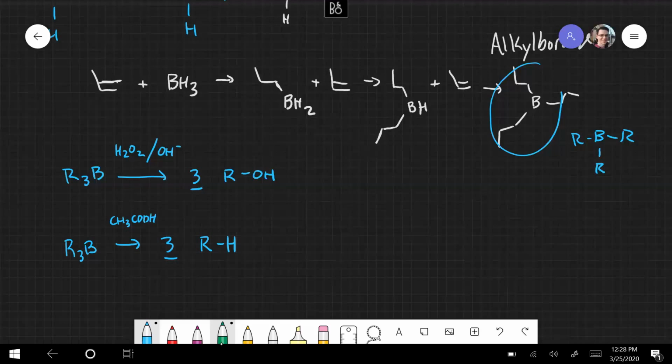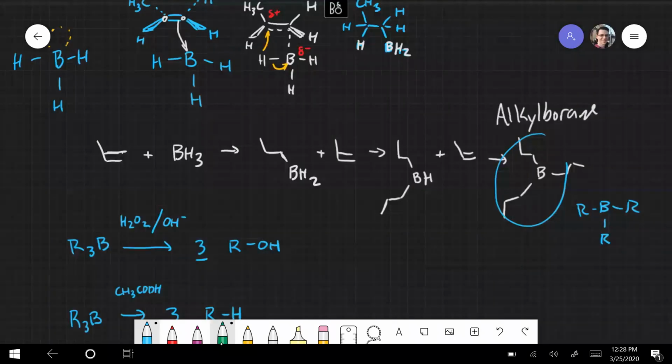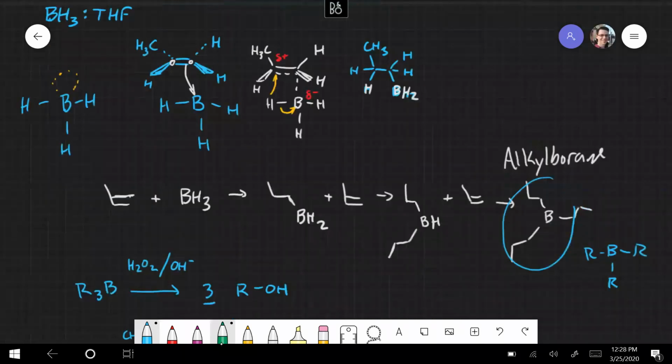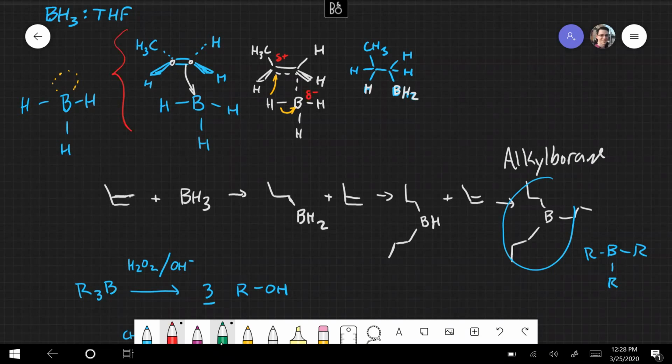One thing I kind of glossed over, and I don't think it's a huge deal, but one thing to pay attention to when we look at this mechanism: the hydrogen and the boron are both added onto the same side of the double bond. Remember what we call it when two atoms are added to the same side of the double bond?